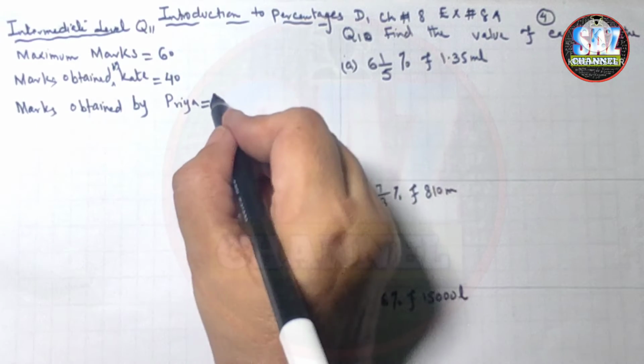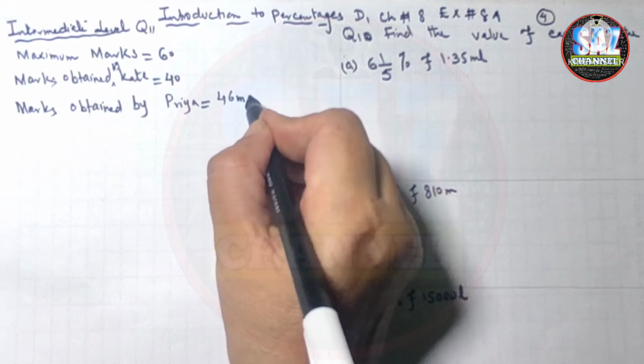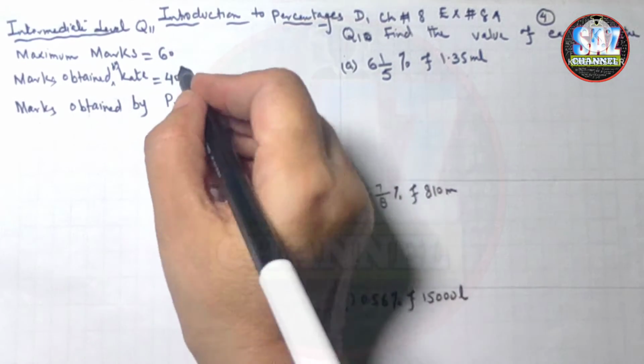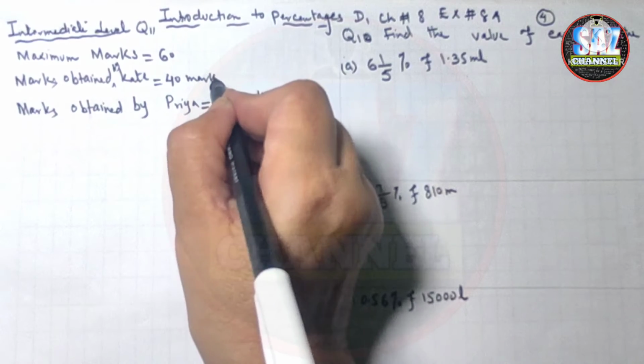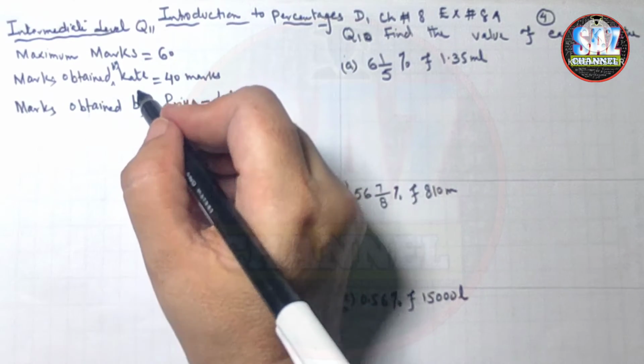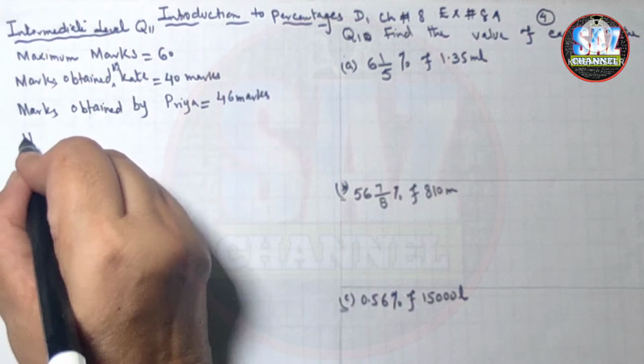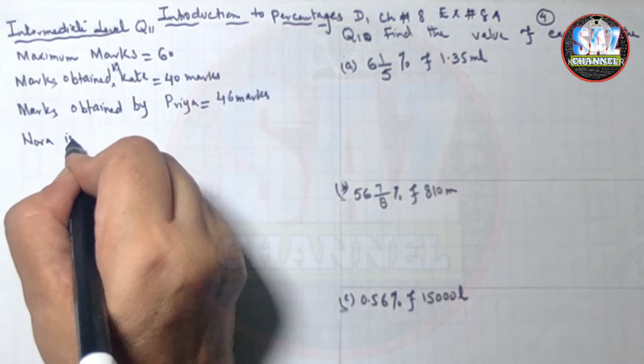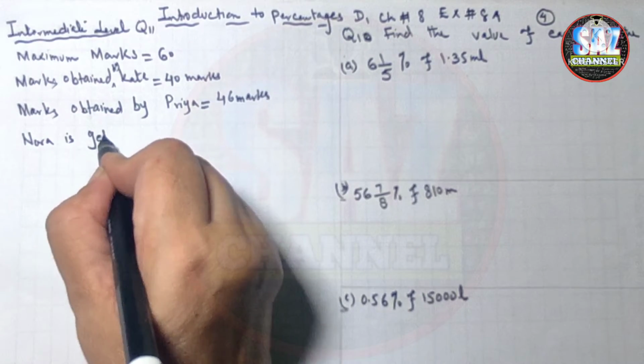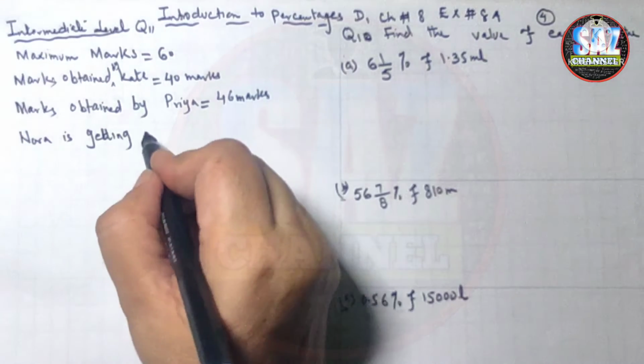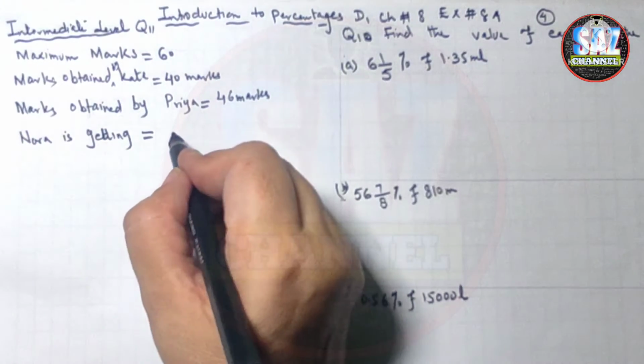Priya is getting 46 marks. And who's left? Nora. Nora is getting 49 marks.